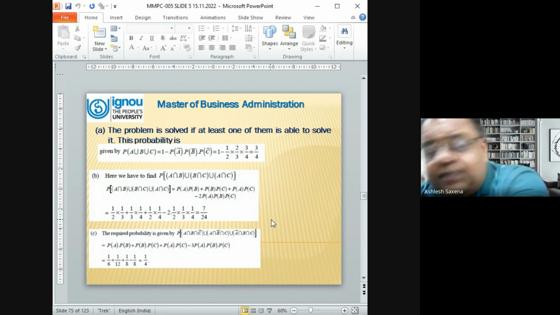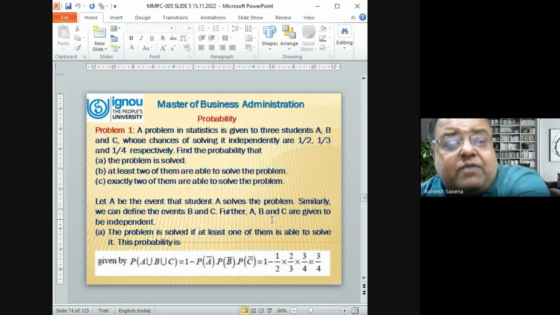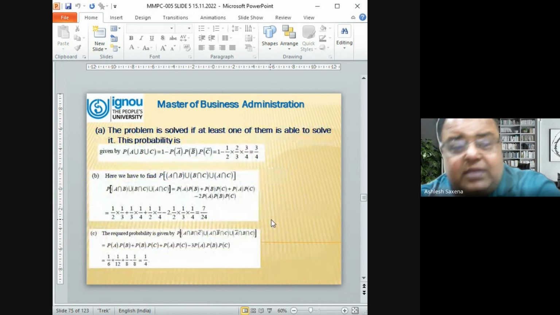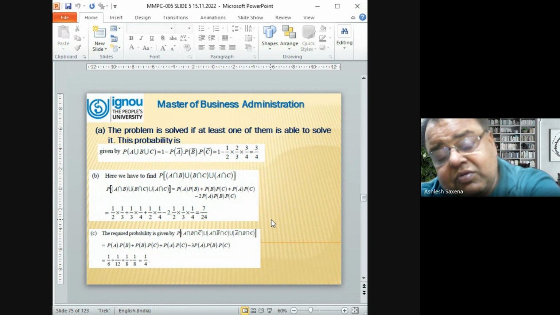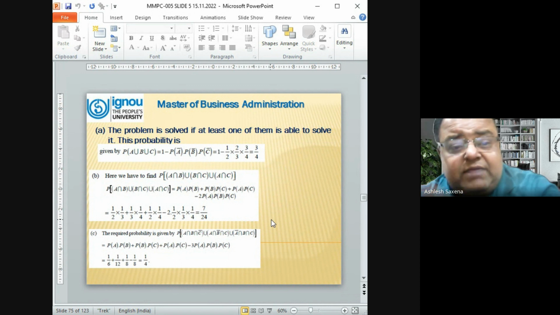What was the problem? At least two of them: product of two of them into the non-solving probability of the remaining one. And there will be three cases. So we will be getting 7 by 24.